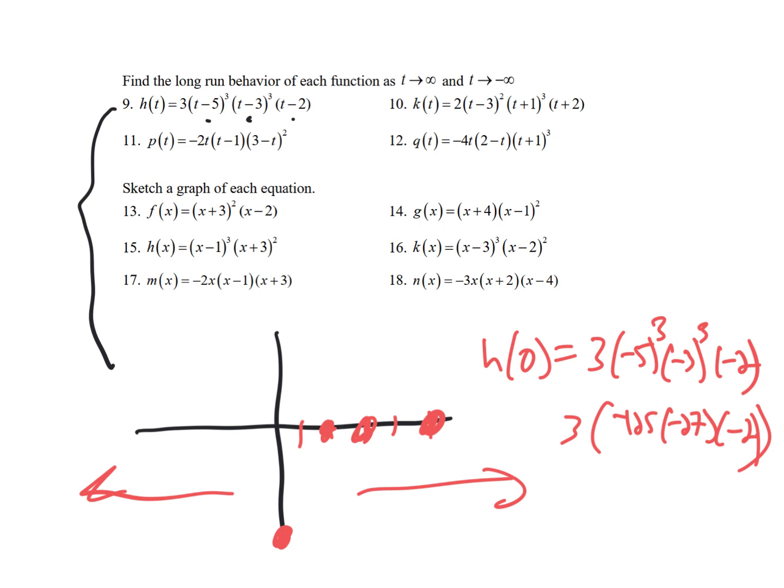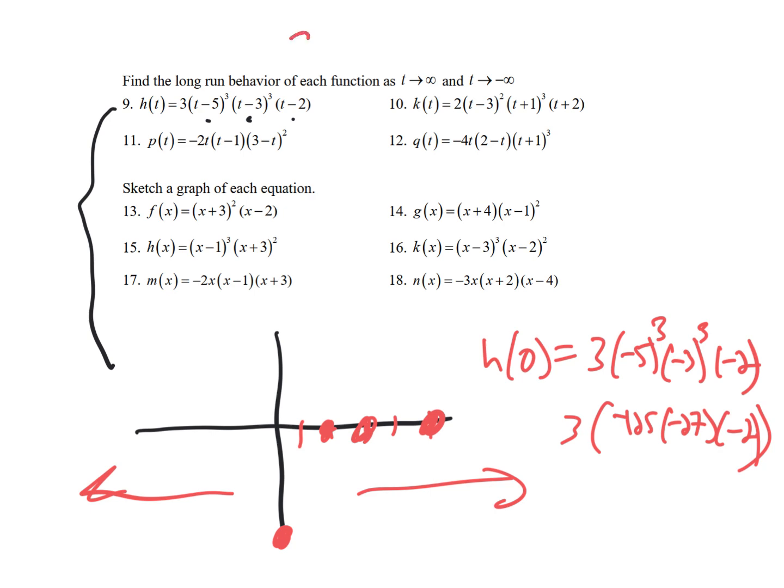The 5, the 3, and the 2 here really don't matter way out at negative 100 or positive 100 or negative 1,000, positive 1,000. So all we really need to worry about is the t.